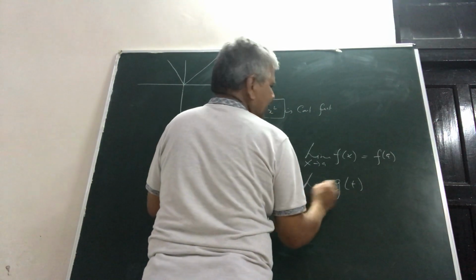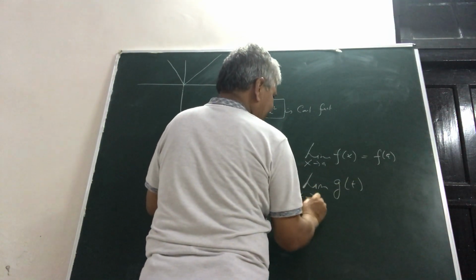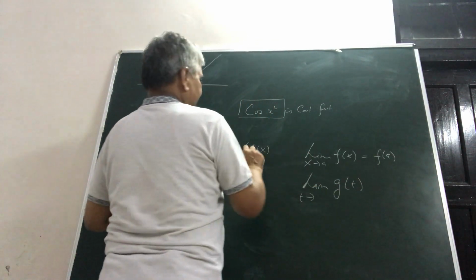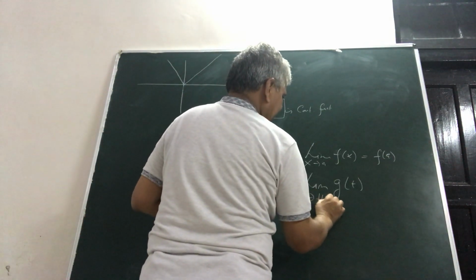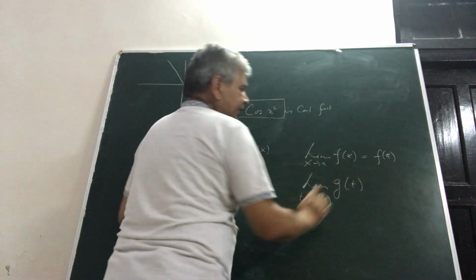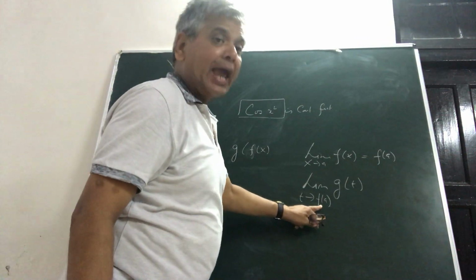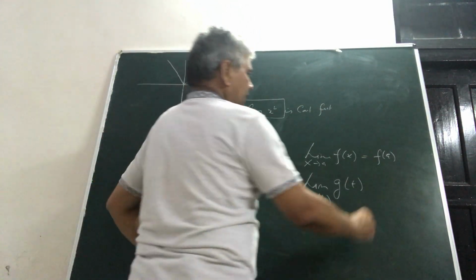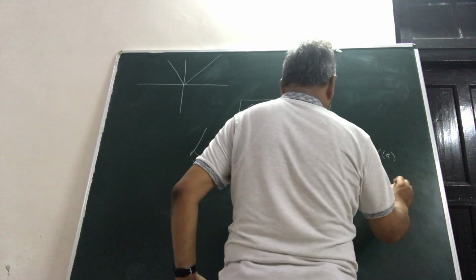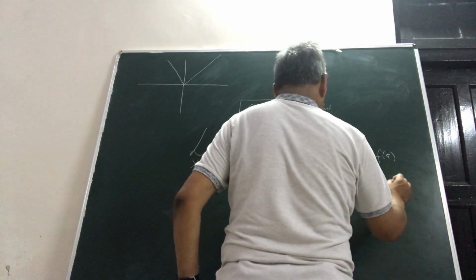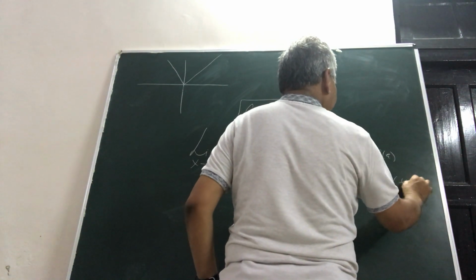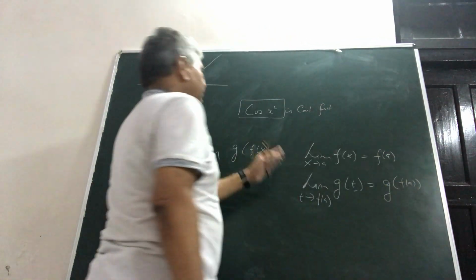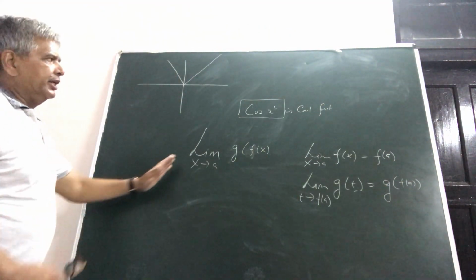And in g(t), t should tend towards where? It should tend towards f(a). So g(t) should be continuous at what point? f(a) point. This is more important. So it is g, and t tends to f(a). At place of t, what will we write? f(t). So this is what is to be taken care of.